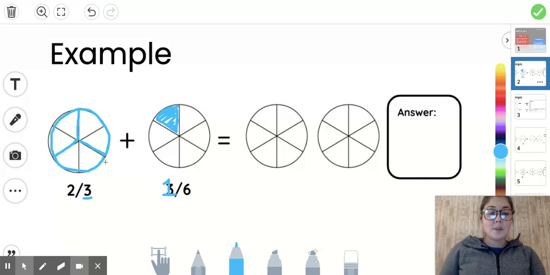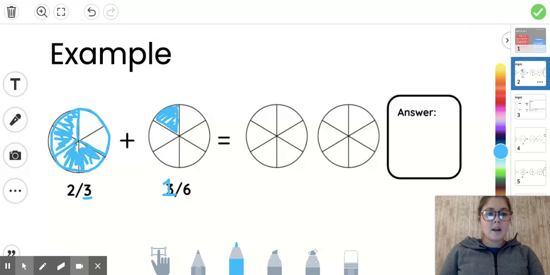I split this up into 3 pieces. I need to shade in 2 of my 3 pieces, not 2 of the 6 pieces, 2 of the 3 pieces. So I'm shading in 1 of the 3 pieces, shading in 1 of the 3 pieces. Now I'm shading in 2 of the 3 pieces.